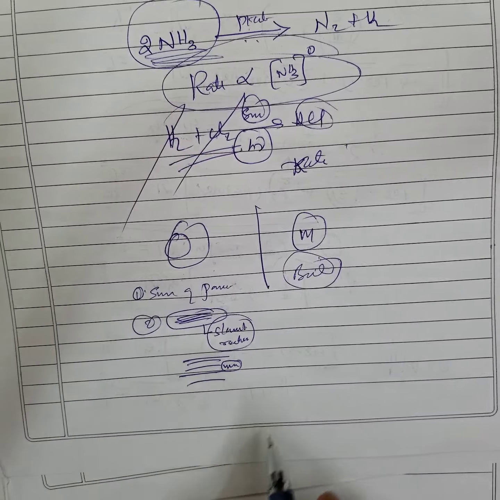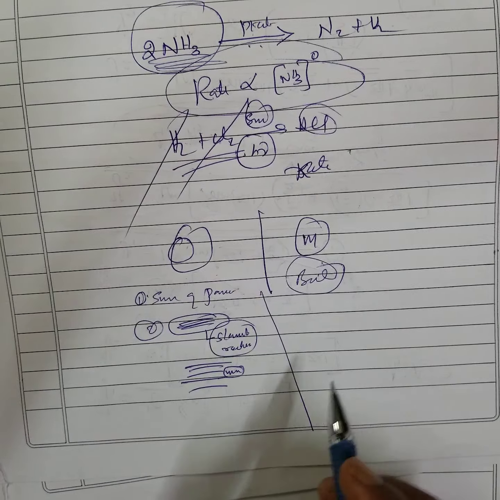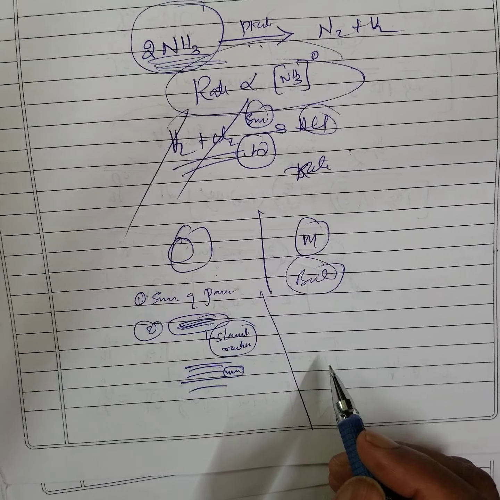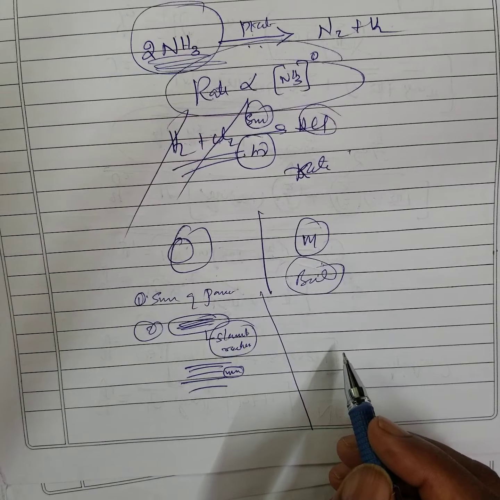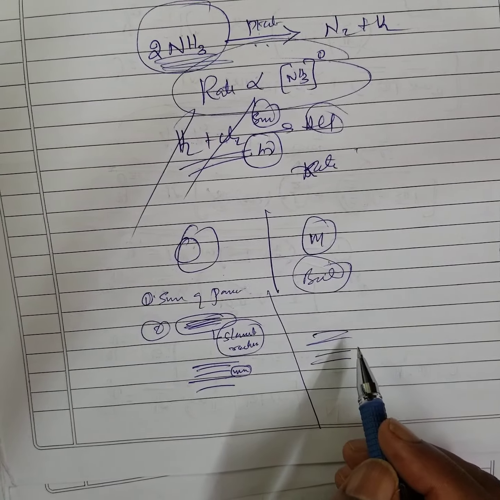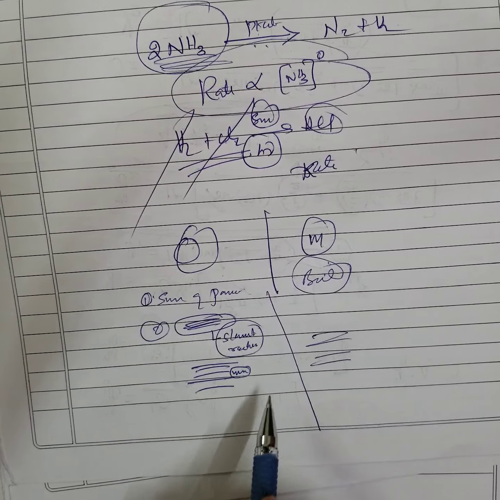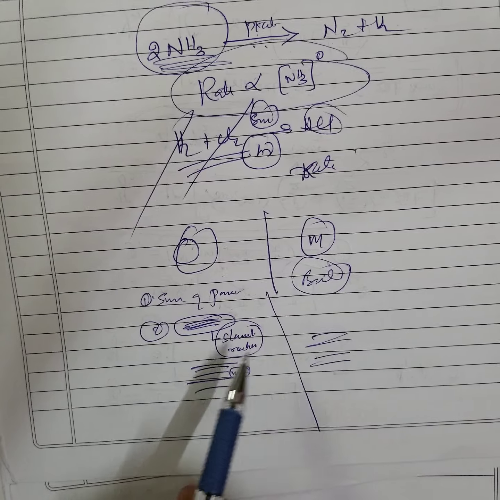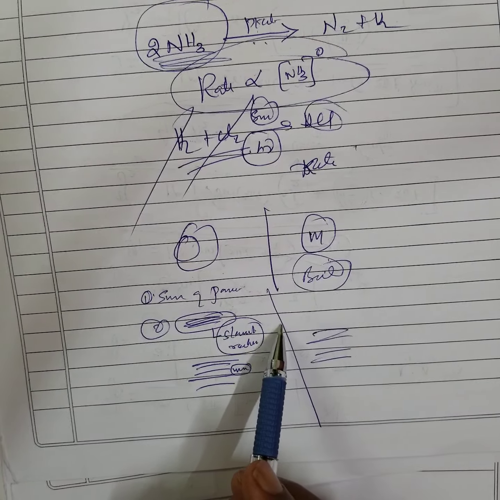In a multiple step reaction, there is no overall molecularity. Remember, only the steps have the molecularity. The slowest step is the most important in deciding the order of the reaction.